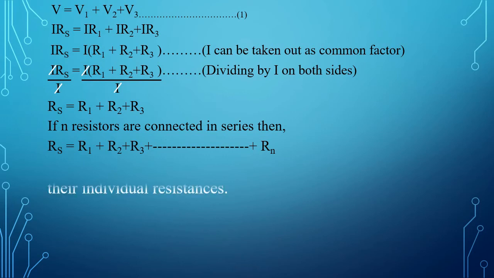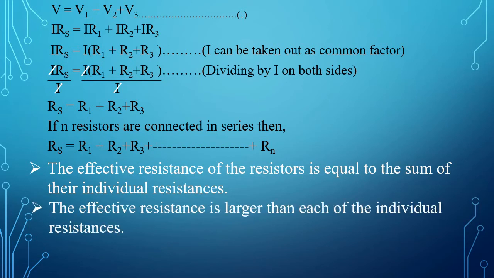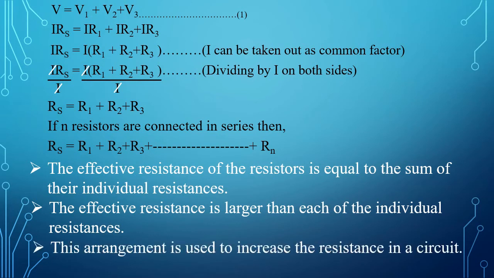In this way, the effective resistance of resistors in series arrangement is always equal to the sum of their individual resistances. And the effective resistance is always larger than each of the individual resistances. Therefore, this type of arrangement is used to increase the resistance in a circuit.